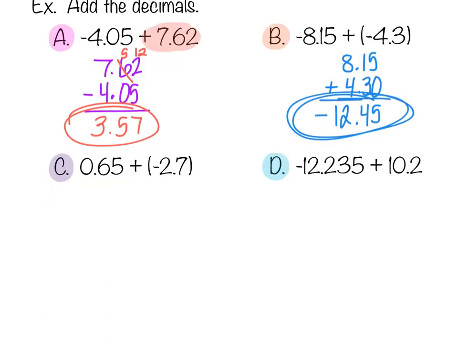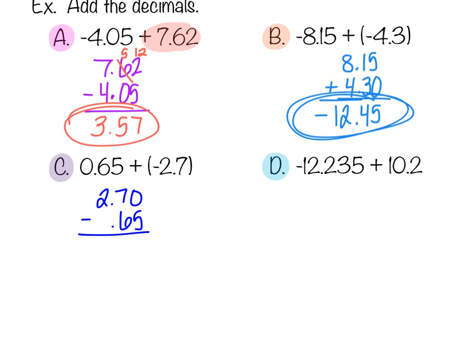Here in example C, we have different signs again, so we're going to subtract, putting the larger number on top. That's the 2.7. So 2.7, we have different signs, so we're subtracting. Again, making sure I line up the decimal points, which means I have to add another 0.